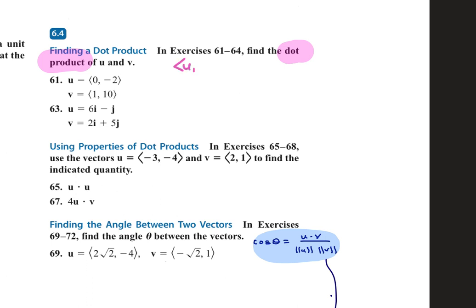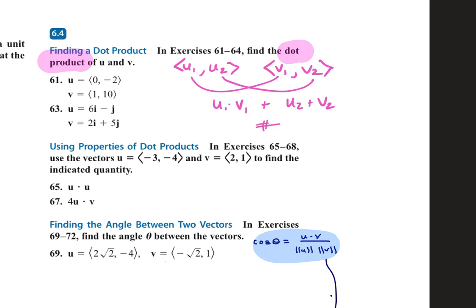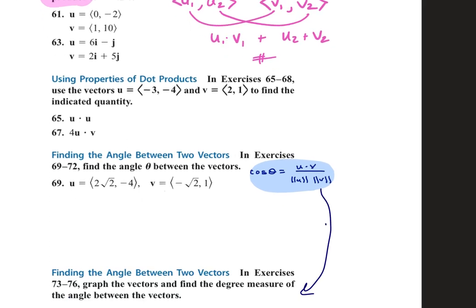If this is u1, comma, u2, and then v1, comma, v2, then we find the dot product by multiplying u1 times v1 and adding the multiplication of u2 times v2. The dot product is just one individual number.